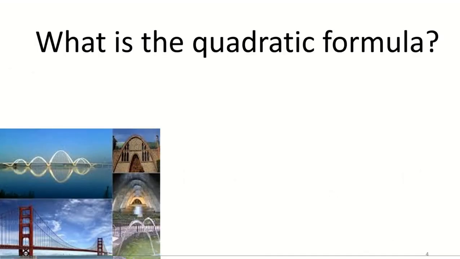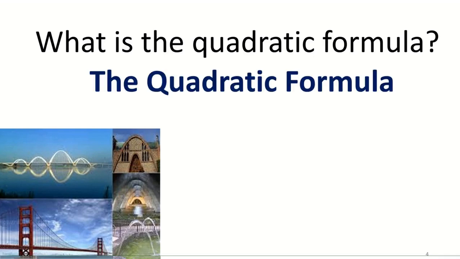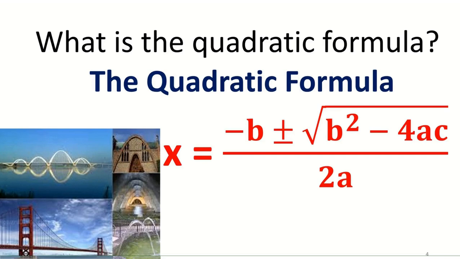Second question, question number 2. What is the quadratic formula? May you try to answer? The quadratic formula, x equals negative b plus minus the square root of b squared minus 4ac all over 2a. That is the quadratic formula.